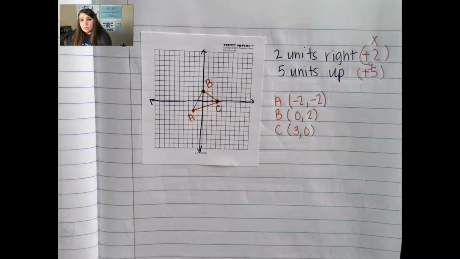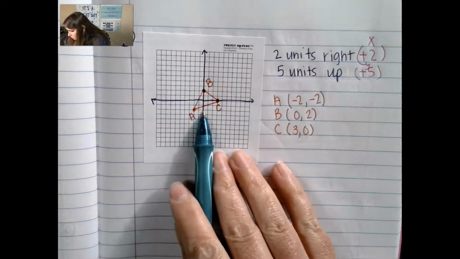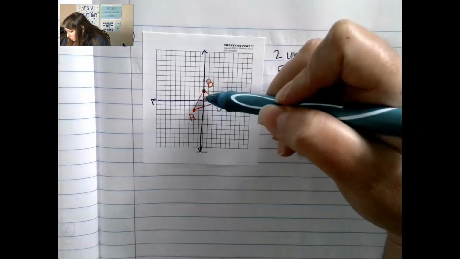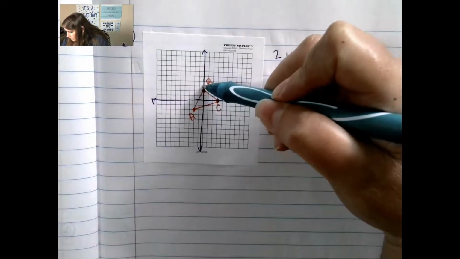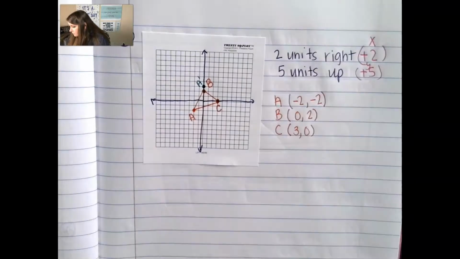So let's first start with point A. Point A, we're going to move it 2 units to the right and then 5 up. So I'm going to go 2 units to the right, 1, 2, and then up 5. 1, 2, 3, 4, and 5, and this is going to be A1.